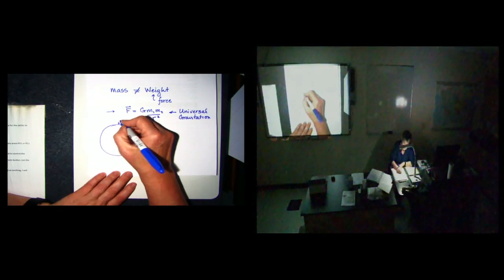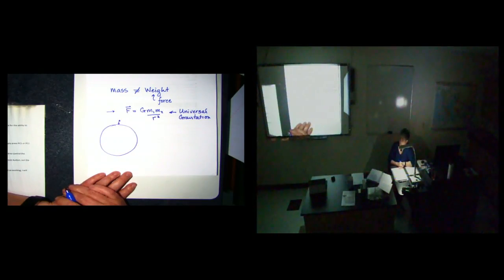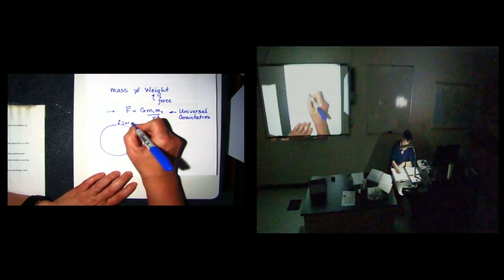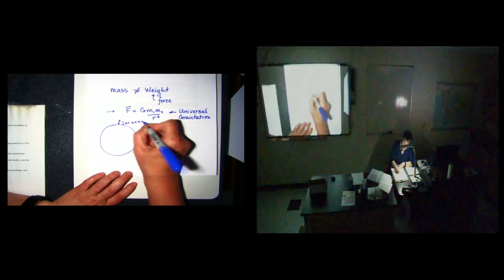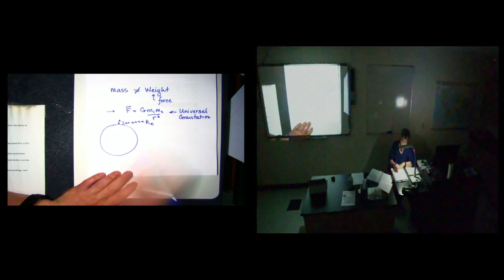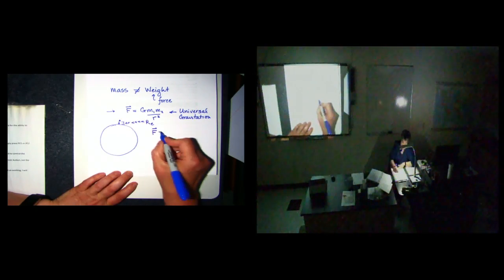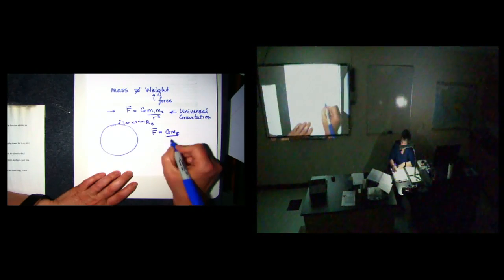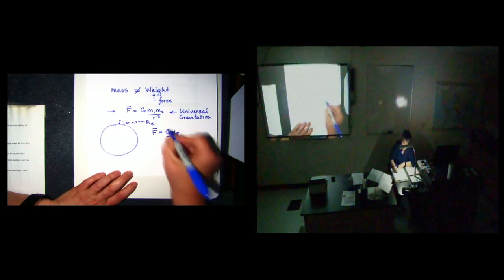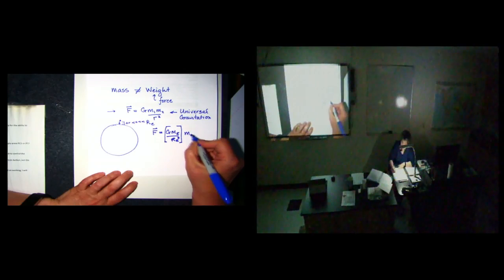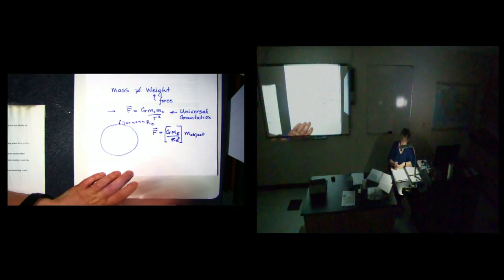My force could then be written with the mass of the Earth, the radius of the Earth squared, and the mass of the object. Since that's much bigger than this, this ended up being g, which we now know is 9.81 meters per second squared, or 32.2 feet per second squared.